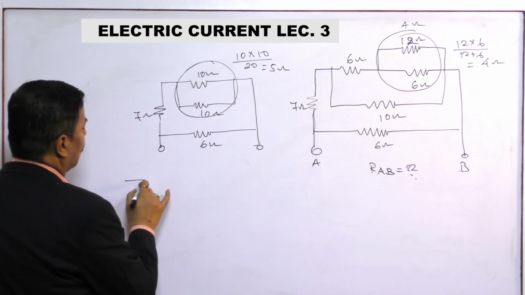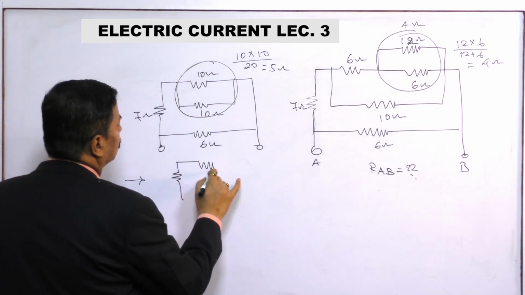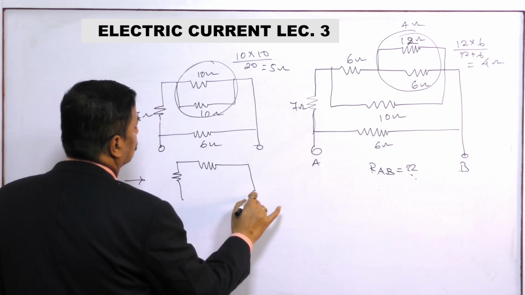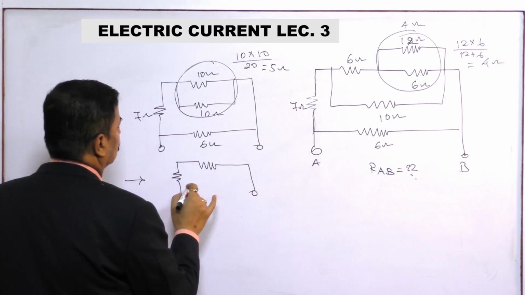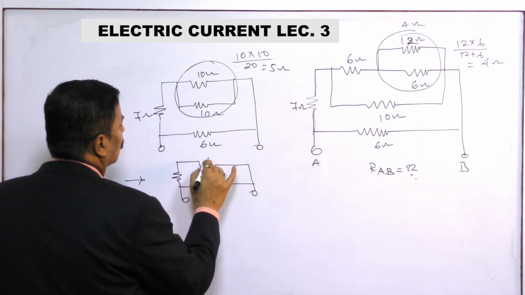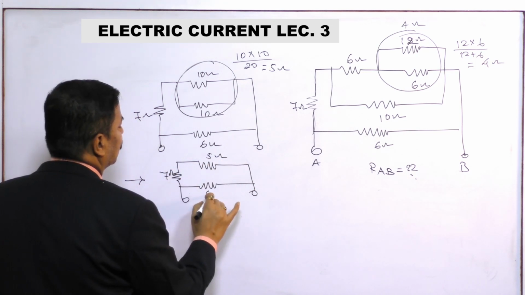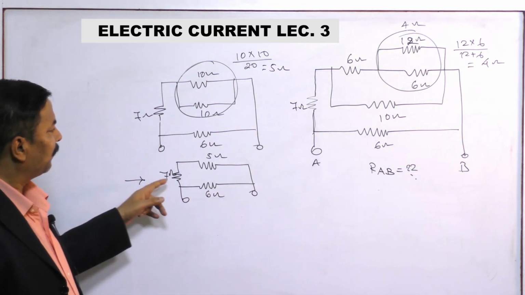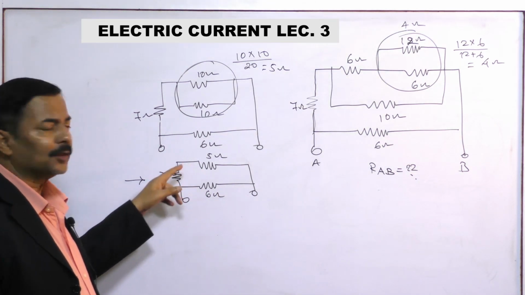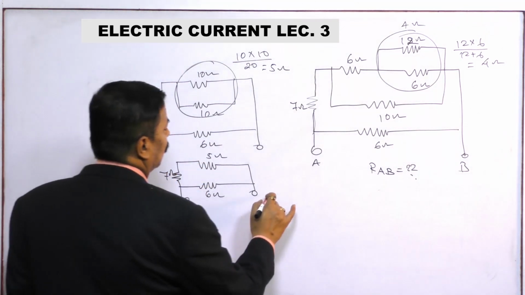So next diagram you will get 5 ohm, 7 ohm, and this is 6 ohm. So 7 ohm and 5 ohm are in series. So it is how much? 7 and 5, 12.